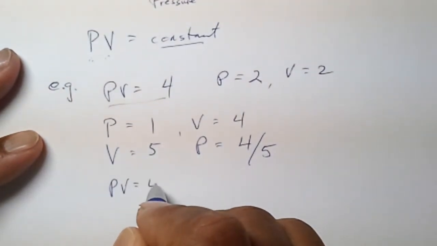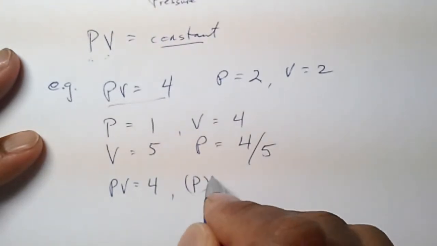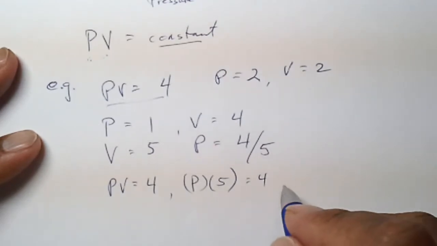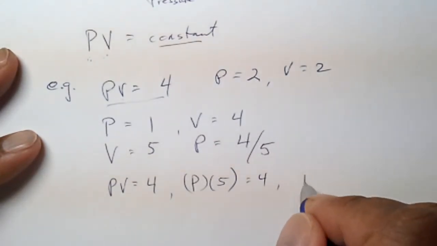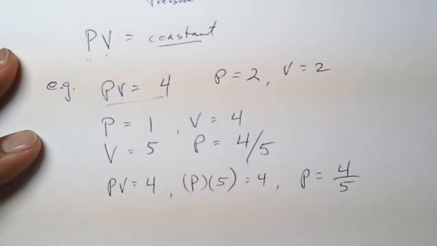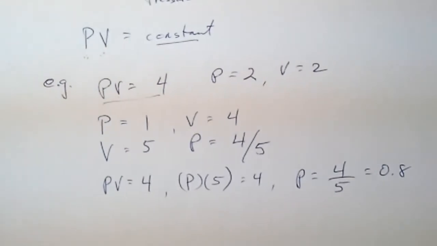PV equals 4. If I say P times 5 equals 4, then P will have to be 4 over 5, or 0.8. So that's Boyle's law.